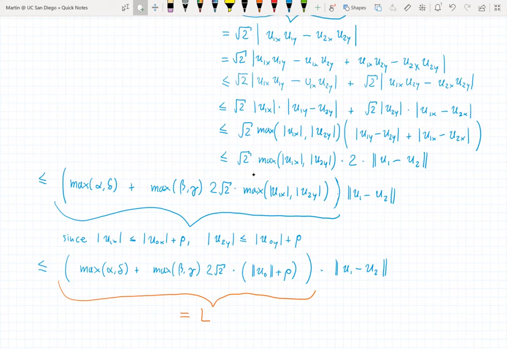In this last term, I've got the difference of u1 and u2 in the y-coordinate plus the difference of u1 and u2 in the x-coordinate. Each of those can be bounded from above by the Euclidean norm of u1 minus u2. So I get this all is bounded from above by the square root of 2 times the maximum of u1x and u2y in absolute value times 2 times the Euclidean norm of u1 minus u2.